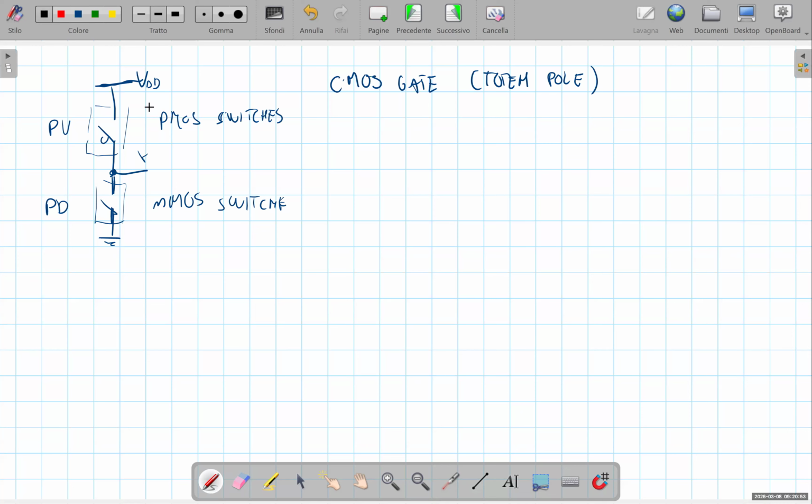Very small, which is positive, since as we have discussed, the equivalent resistance at the high or at the low state is related to delays. So the smaller the resistance, the faster is also the gate.